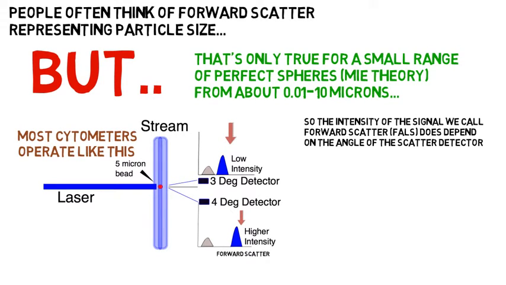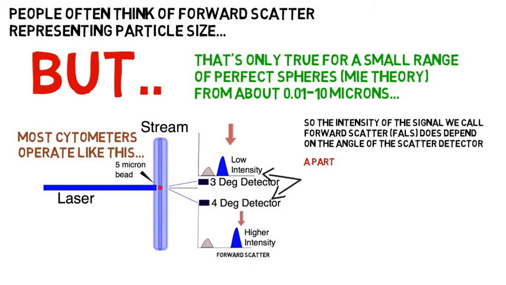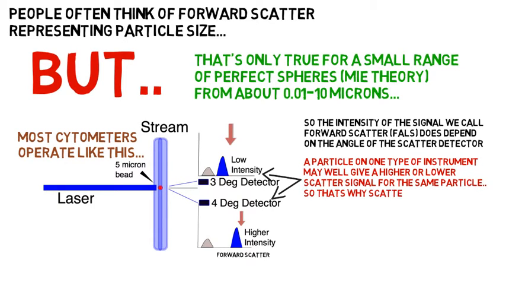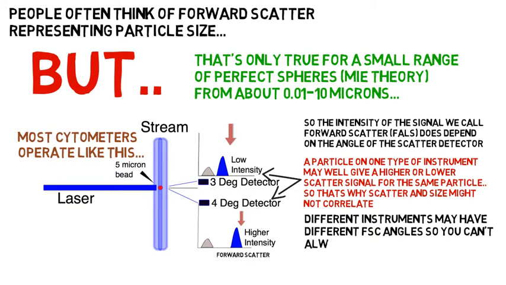In this cartoon, I made the 3-degree signal smaller than the 4-degree signal just to show you how the angle can make a big difference in the signal intensity. In fact, different instruments have different angles of light scatter, and that is why they don't all measure particles the same way. This means you often can't compare scatter plots from one brand of instruments to another.